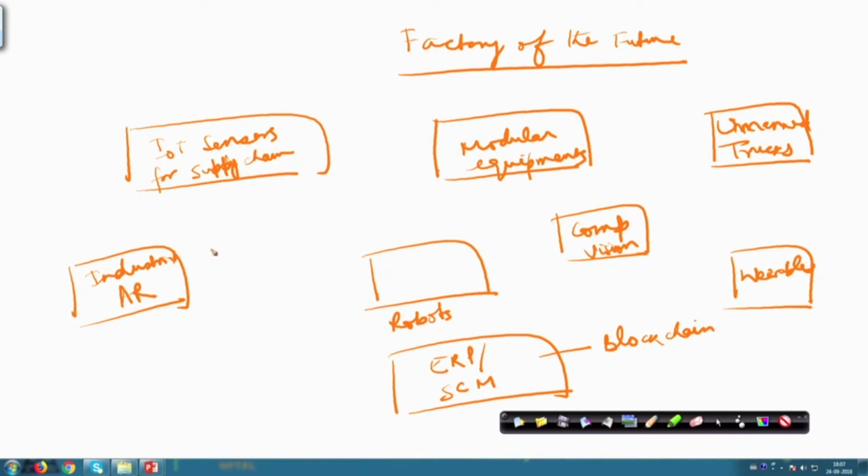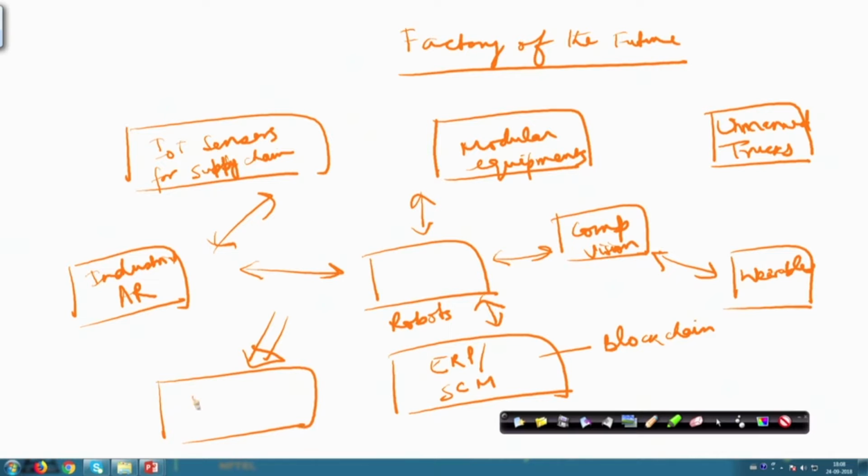These are the different components which I am randomly connecting, but basically they are going to work together, and what is very important is that finally all of these are going to throw in this data.